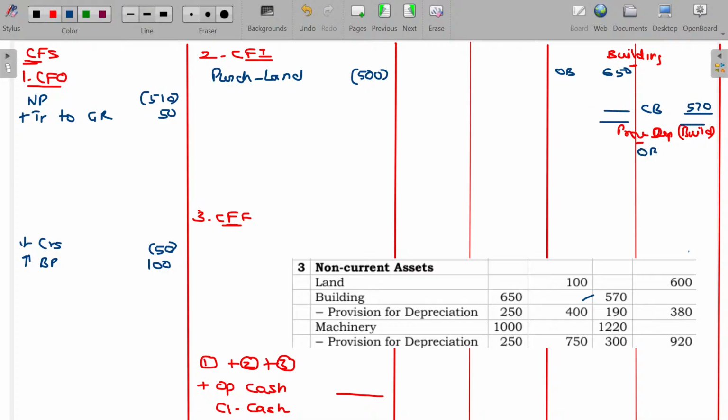Accumulated depreciation on this opening balance 250 and 190. Okay. Hereafter, the sum seems to be a normal single entry like you are preparing the cash account. That's all. Cash book. While preparing the cash book, cash from operation only will be different. Indirect method.